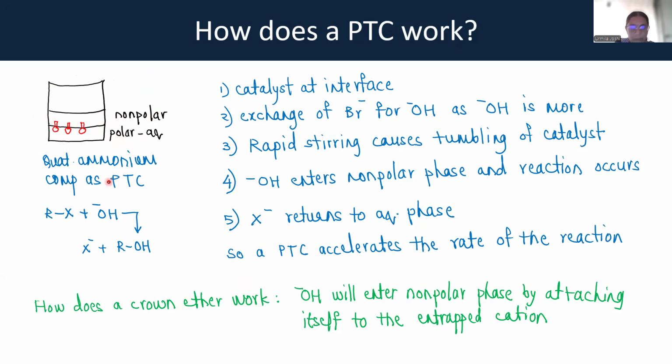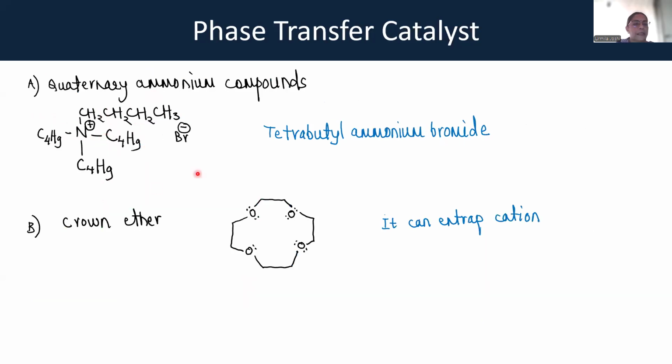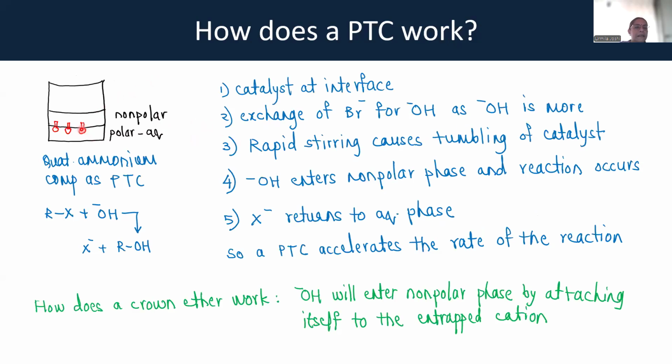Okay. Look at the structure of quaternary ammonium salt. There is a positive charge with nitrogen, and along with it is bromide. Now, when this phase transfer catalyst is present at the interface, what happens is bromide, which is associated with the cation, is exchanged for hydroxide.